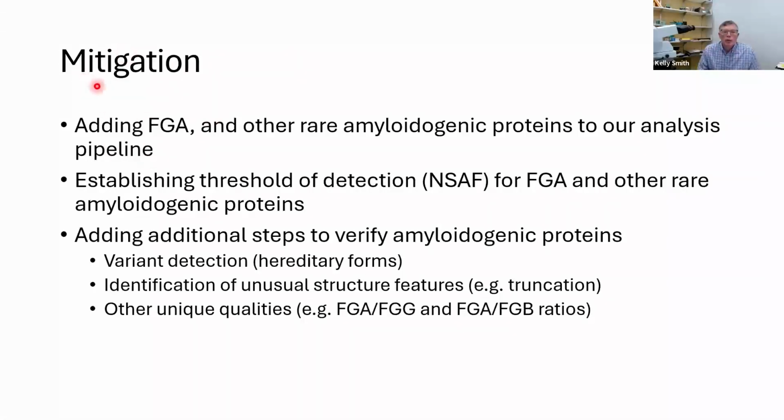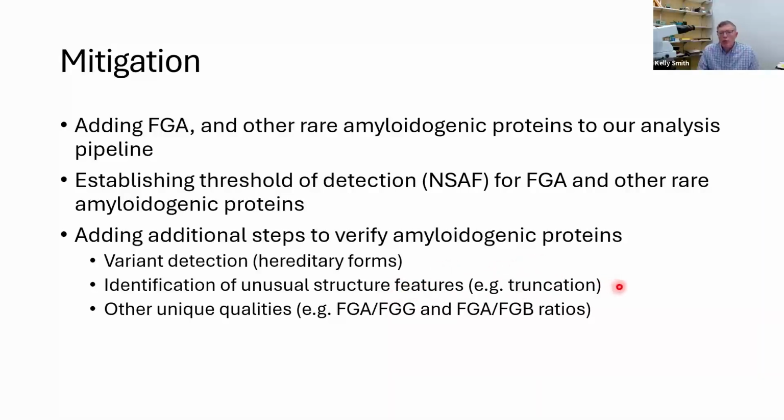So to mitigate this, what are we doing to correct it? We're adding a quantitative analysis for fibrinogen A and other rare amyloidogenic proteins into our pipeline. We're also adding additional steps to verify, such as detection of the variant mutations and identification of unusual structural features.